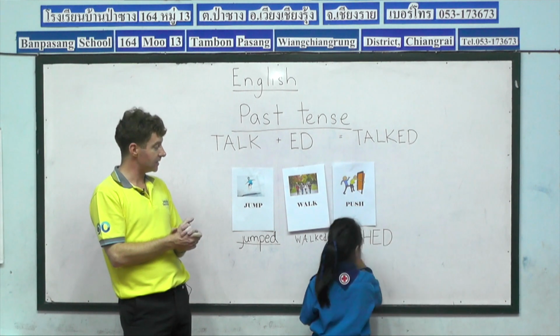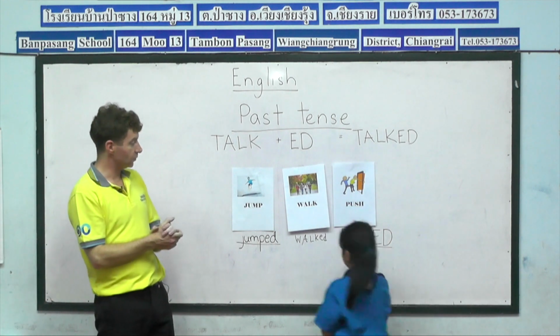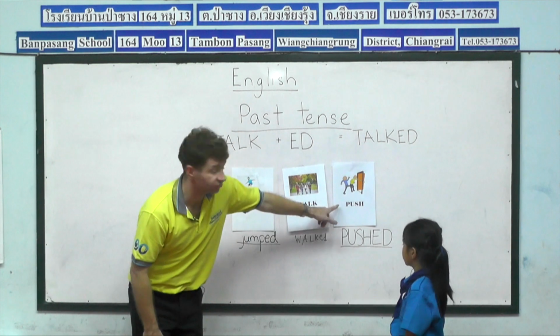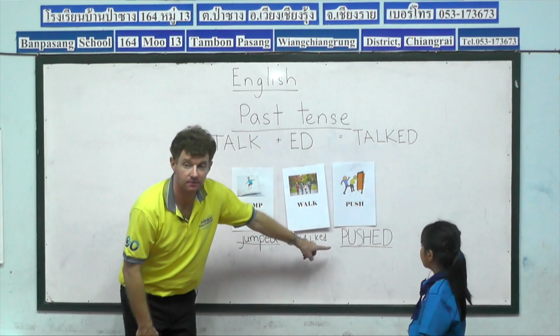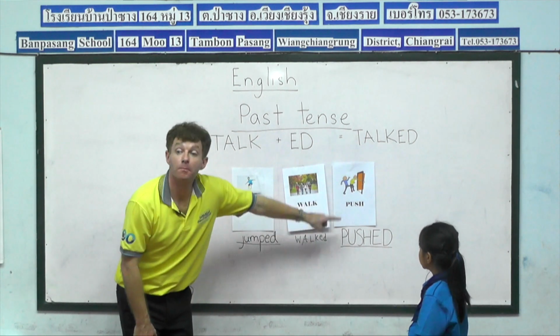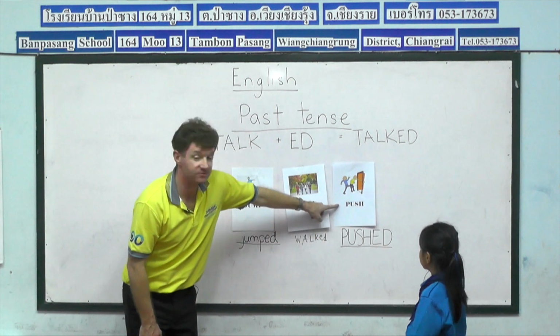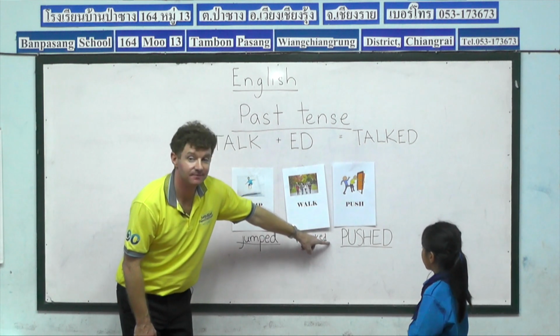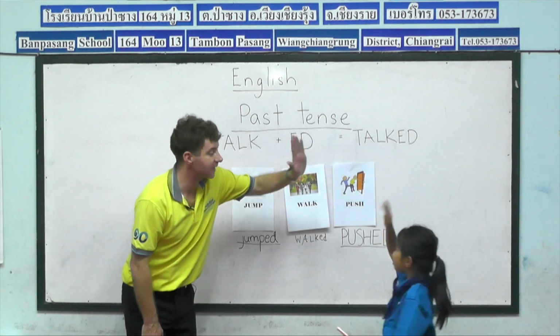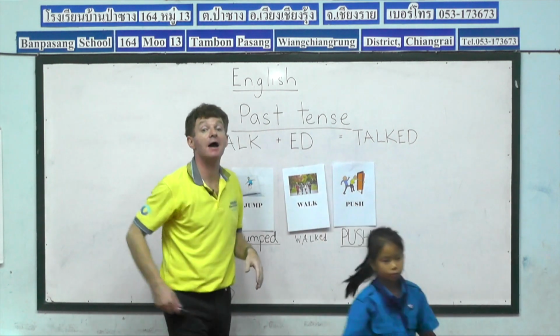Excellent, Preo. And very nice big letters too. So you can see how we've gone from push, pushed, push, pushed, present, past. Excellent, Preo. That was excellent. Very well done. And a big round of applause.